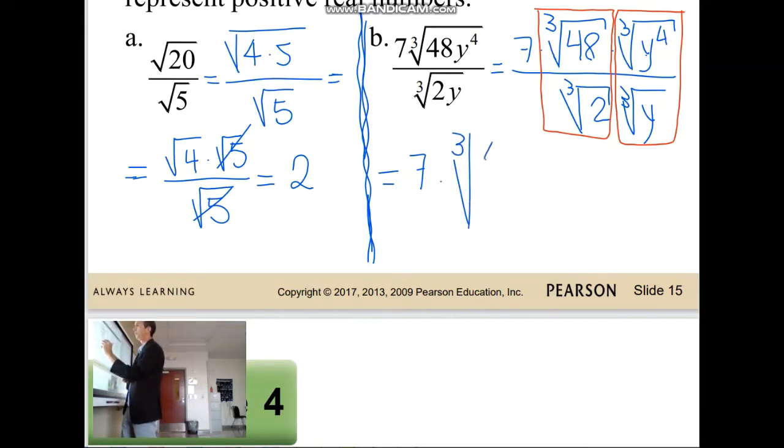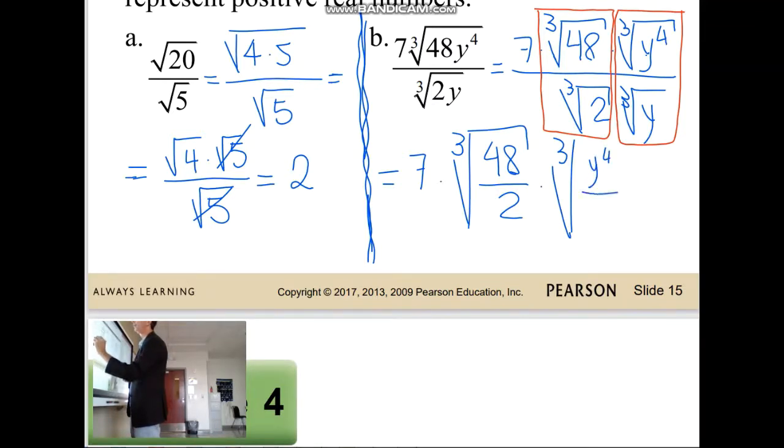Cube root of 48 over 2, right? Times cube root of y exponent 4 over y. See? Because this we can simplify. Divide 48 by 2 is going to be 24, right? 24. And y exponent 4 divided by y is y exponent 3.